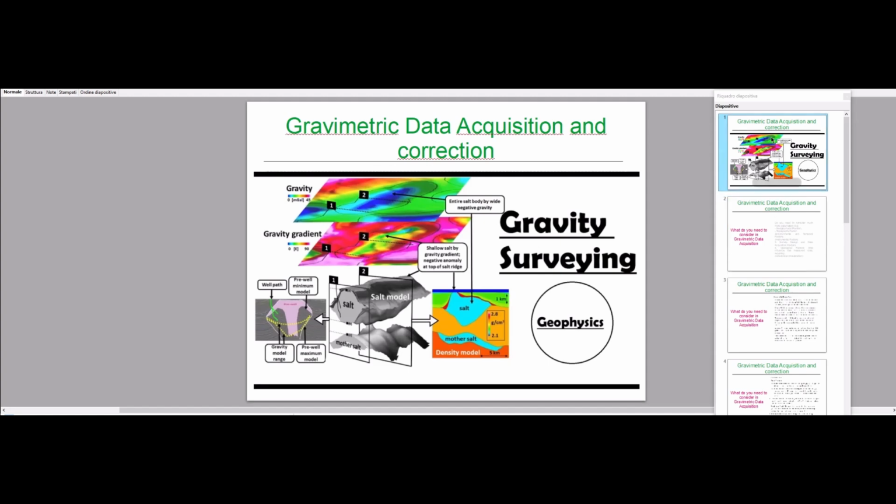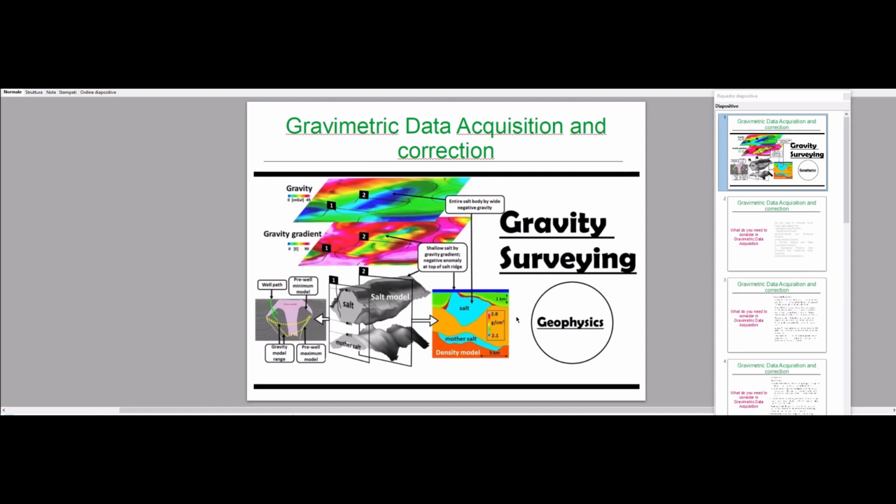So let's introduce the gravimetric data acquisition and outweigh correction. For the gravimetric surveying, we are considering many kinds of parameters, and so we have so many applications for geophysicists, like detection of salt diapirs, or creating raster mapping with gravity gradient or Bouguer anomaly.